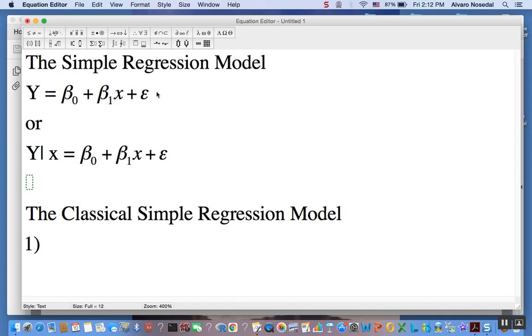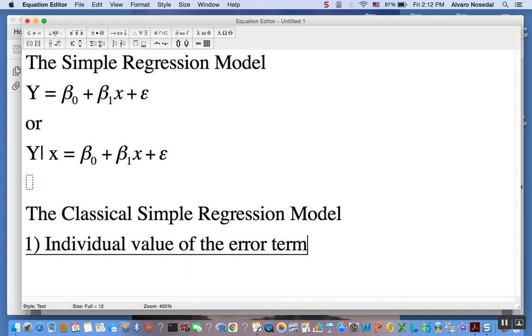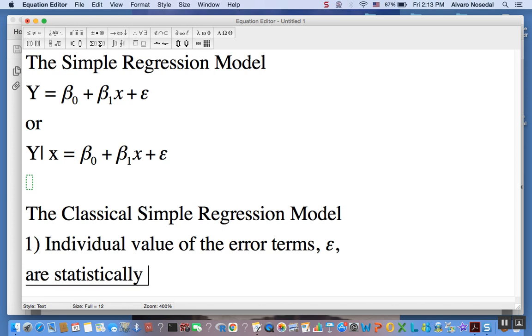So let me just say that individual values of the error terms epsilon are statistically independent of one another.